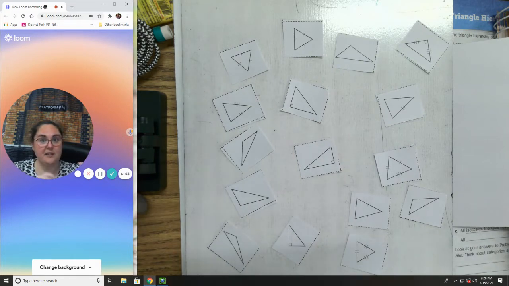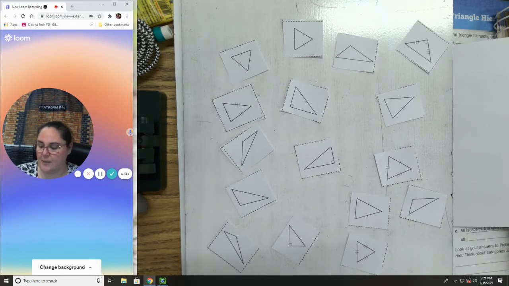Some of my students were from Kitley and some were from Edgewood. Some are fourth grade, some are fifth grade, some are sixth grade. So it's a way to classify students, but you also can use it to classify shapes and other things. We are going to do that today.